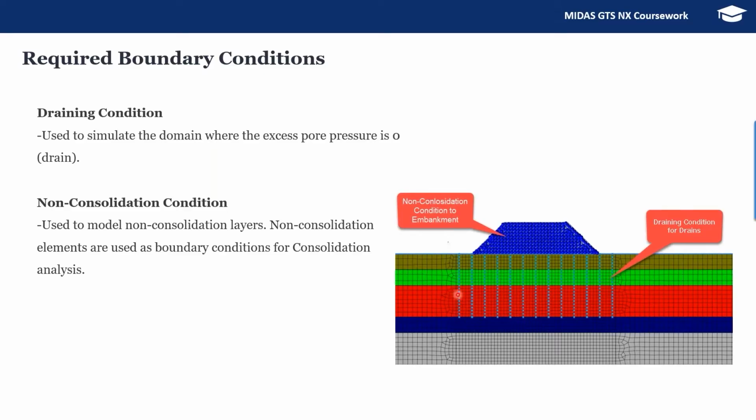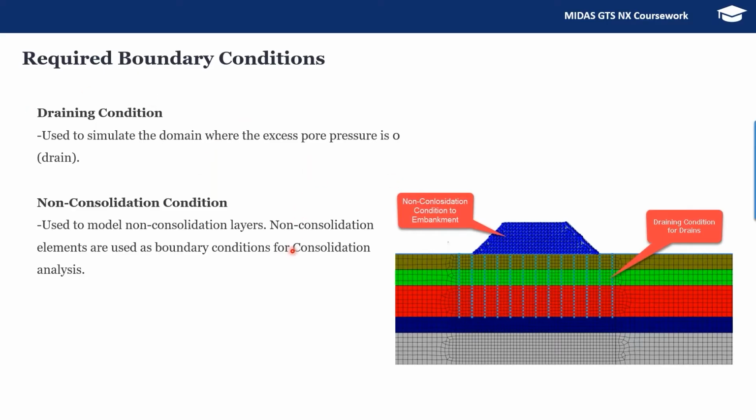That means the flow will be towards the vertical drains, because the excess pore pressure is considered zero at these positions. So just remember, by applying this drainage condition, we are making the excess pore pressure zero. That's the ideal case, and hence we are considering this drainage condition.